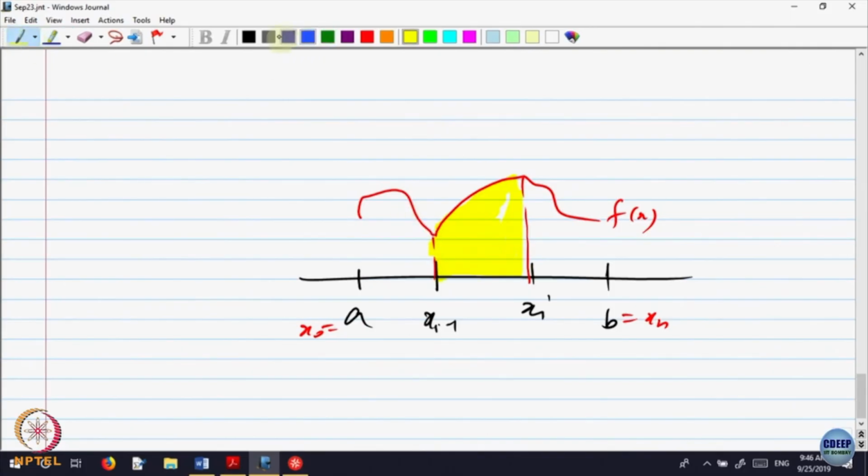So this will be small mi times the length, that will be smaller, right? Okay. Now suppose I have added one more point to the partition P, and the new point is in this interval somewhere. So let us call that point y.